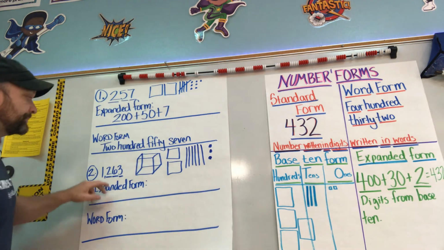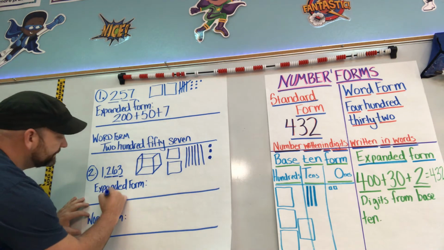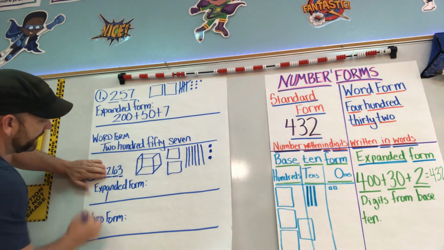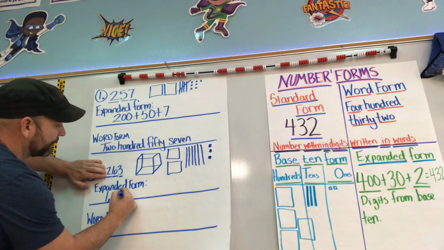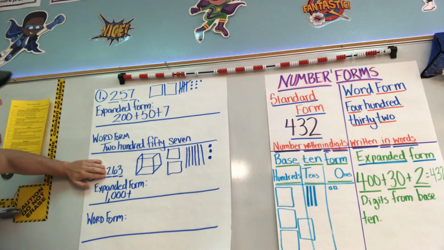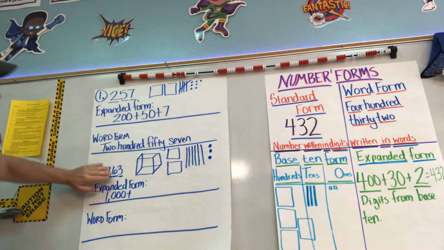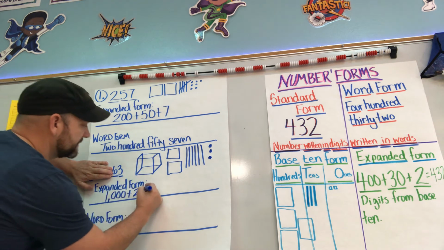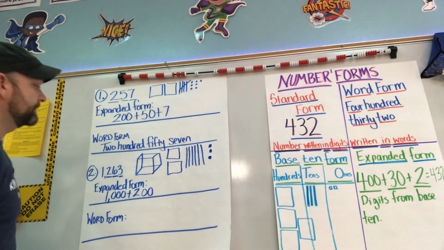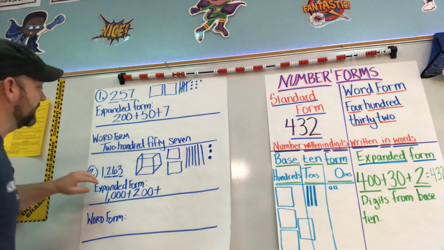Expanded form, we write down the 1, and then we cover it up, and there's 1, 2, 3 spaces after it, so we put our comma, and we put 3 zeros. Okay? Then we go to the 2, we write down the 2, we cover it up, there's 2 spaces, so we put 2 zeros. Okay? Then we put our next plus sign.